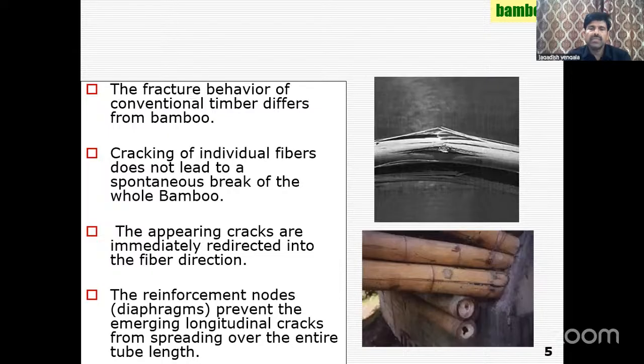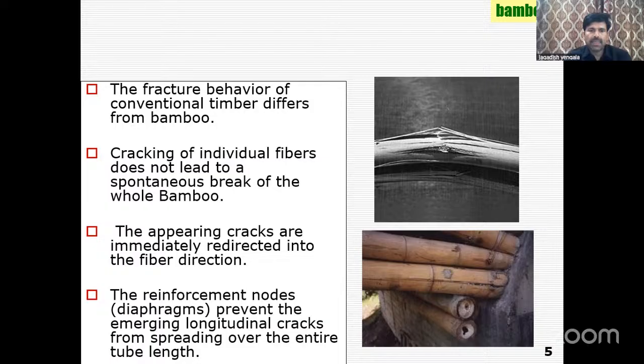Fracture behavior, as I mentioned, is different when we compare with timber. Even if it splits at a particular portion, it doesn't propagate throughout the bamboo. You need not worry about it because nodes will be there to arrest the propagation.